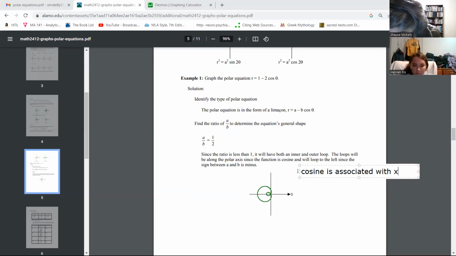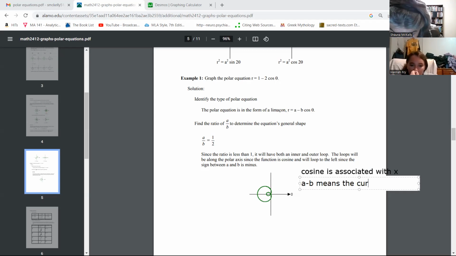Right? So it's going to be on my horizontal axis. Can't really call this the x-axis on a polar curve, but you can get away with it. Okay, so cosine is associated with your x. If there's a minus between these, then a minus b means the curve opens in the negative, the minus. This is my little mnemonic.